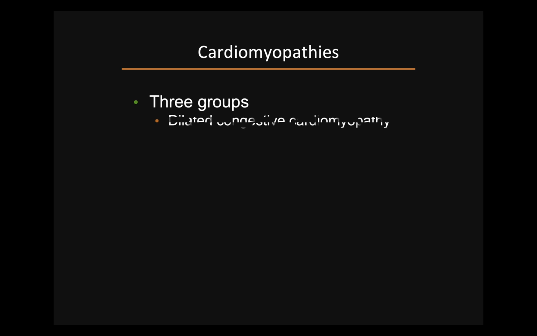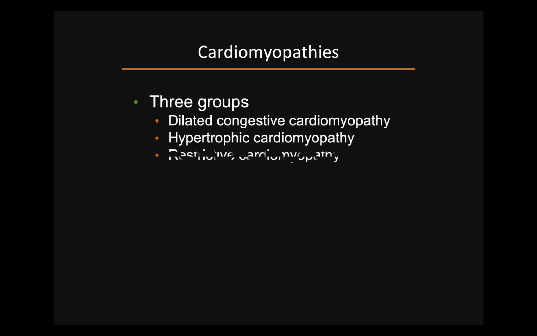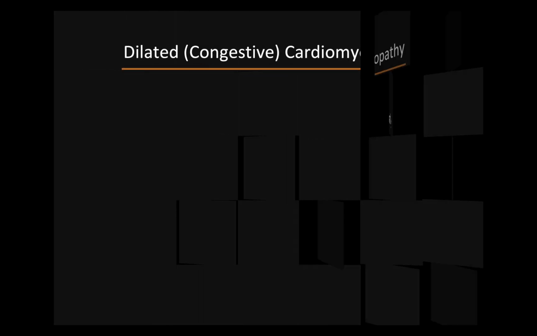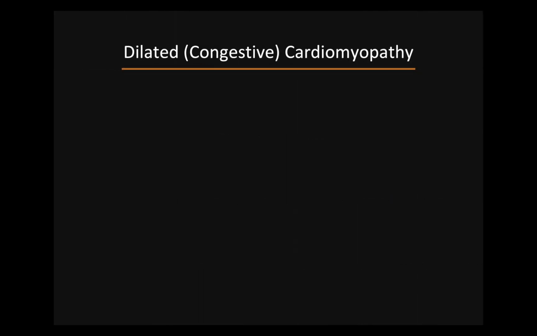So there's three groups of cardiomyopathies. There's dilated congestive cardiomyopathy, hypertrophic cardiomyopathy, and restrictive cardiomyopathy. And so the first one is dilated or congestive cardiomyopathy.